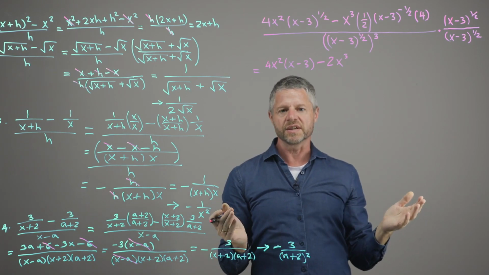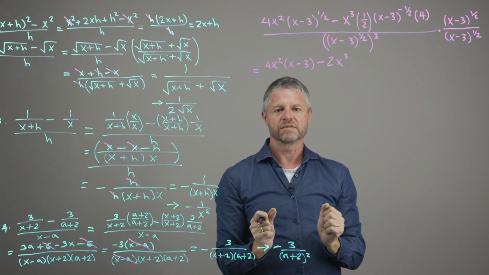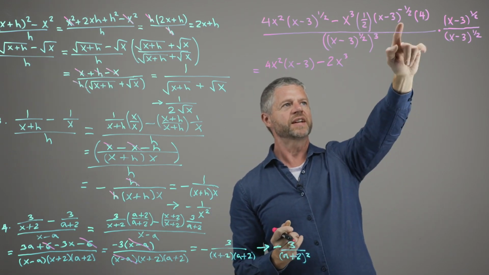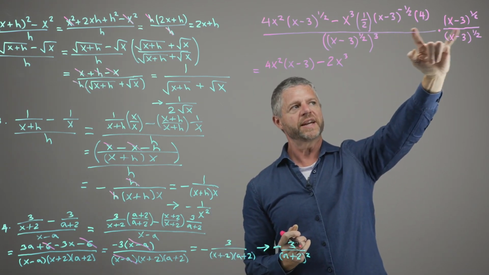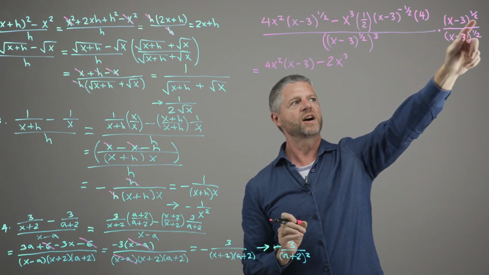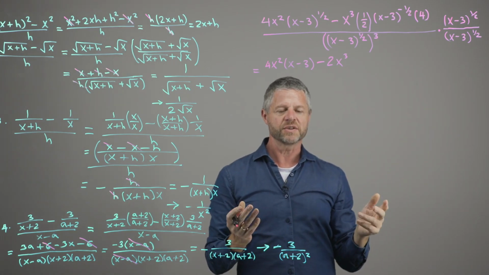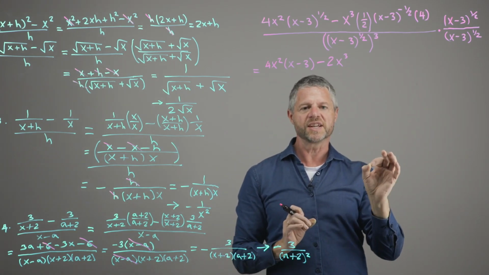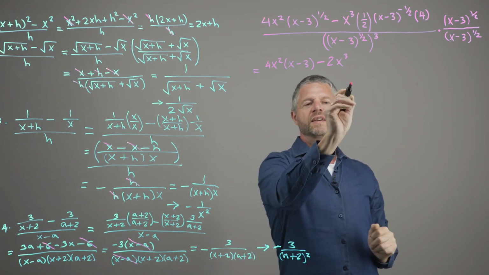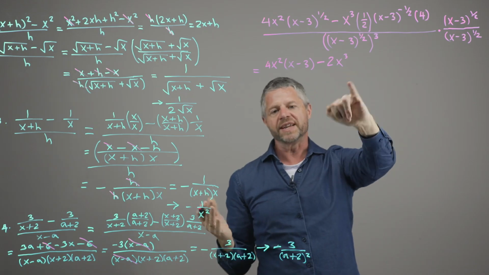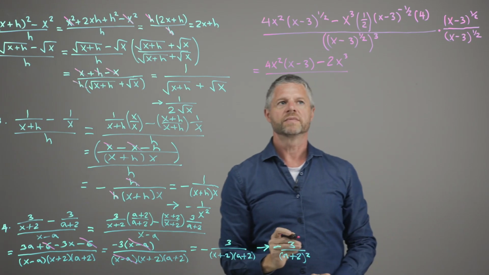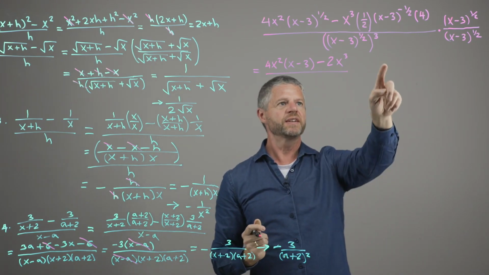So that's just going to reduce down to the number 1, because remember, when we're multiplying numbers with exponents, we add the exponents. So minus 1/2 plus 1/2 is 0, and if we have an exponent of 0, then the number becomes just the number 1. So I don't even need to write it down because I'm just multiplying by 1 at this point. So it's already looking quite a bit better.